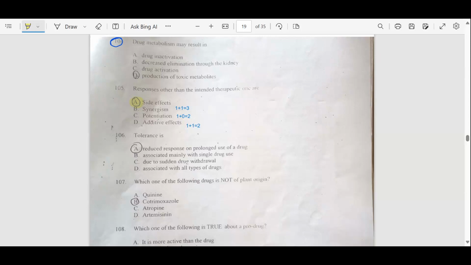Side effect is a type of effect that comes, and you can trace it back to the pharmacological effect. Adverse effect is an unwanted or harmful reaction that occurs. Someone said side effect is an expected and predicted effect of a drug, and adverse is an unpredicted effect of a drug.